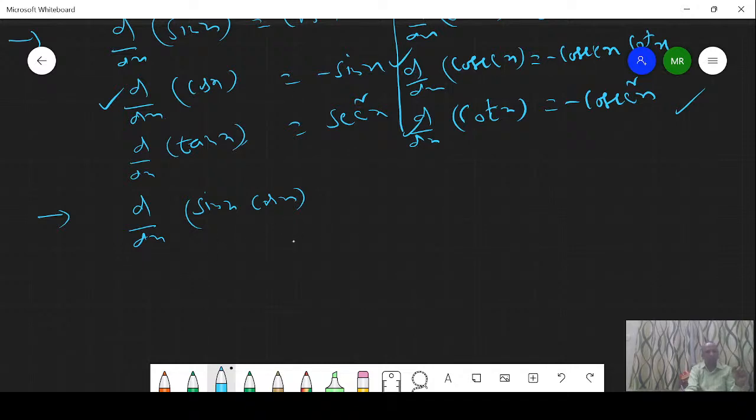This is the product rule. So what is the product rule? You know that d by dx of uv is u into v dash plus v into u dash.